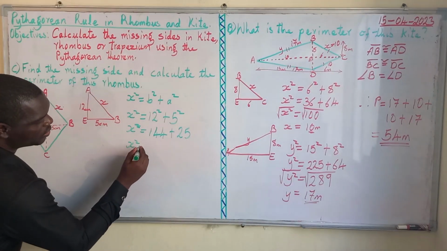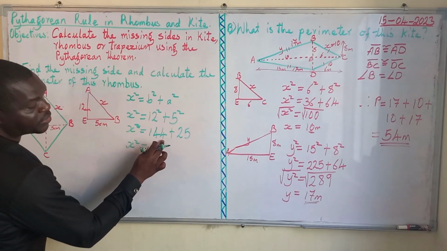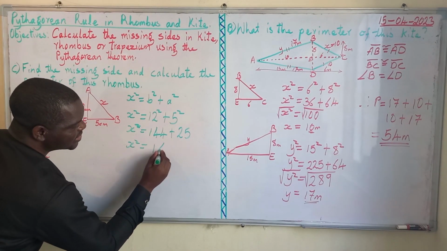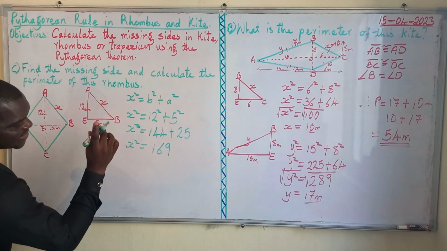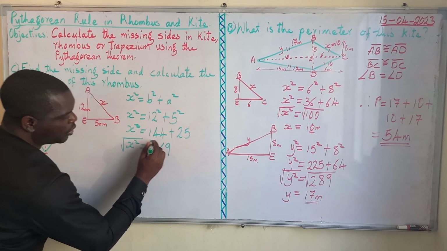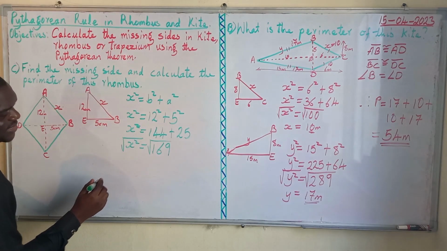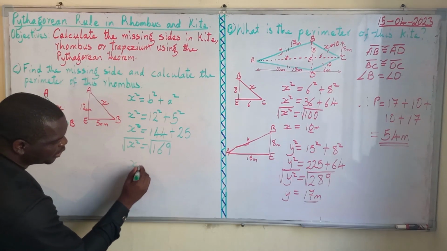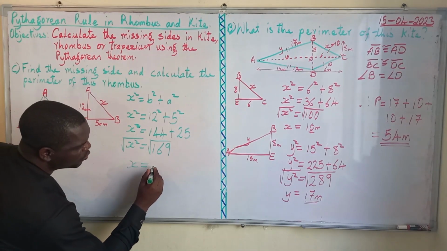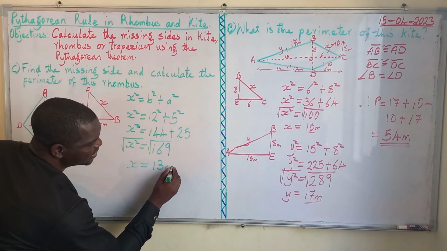X squared will be equal to 144 plus 25, that is 169. And to find x, we find the square root of x squared and the square root of 169, so that x alone will be equal to the square root of 169, which is equal to 13 centimeters.